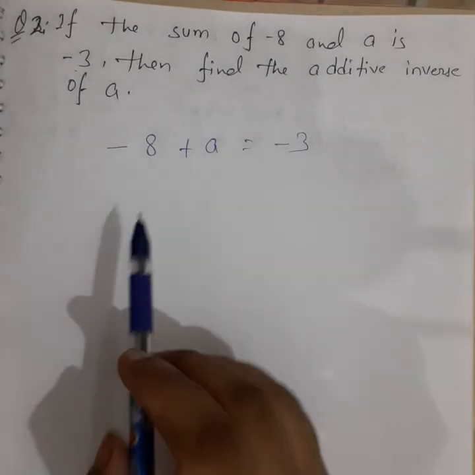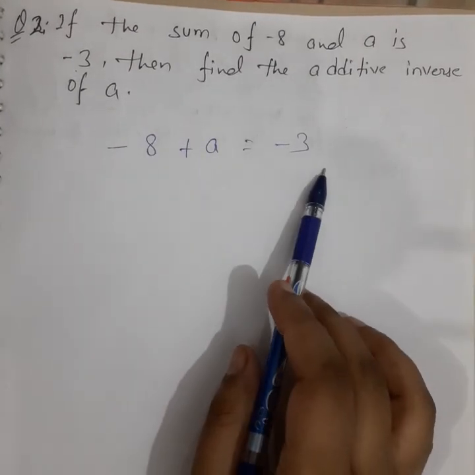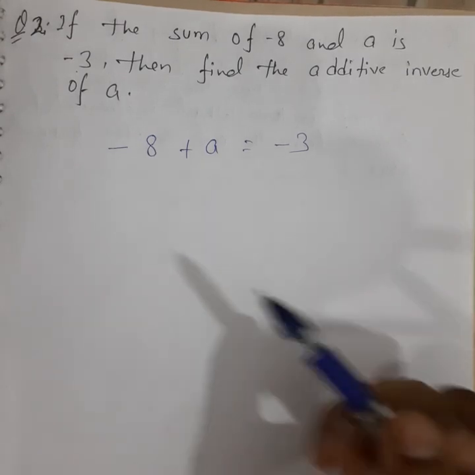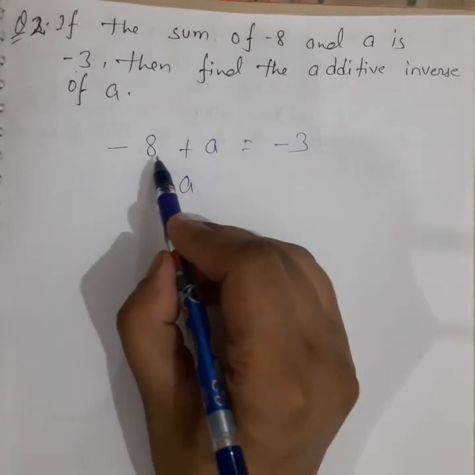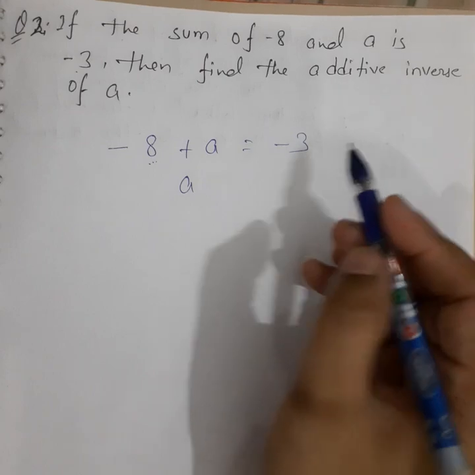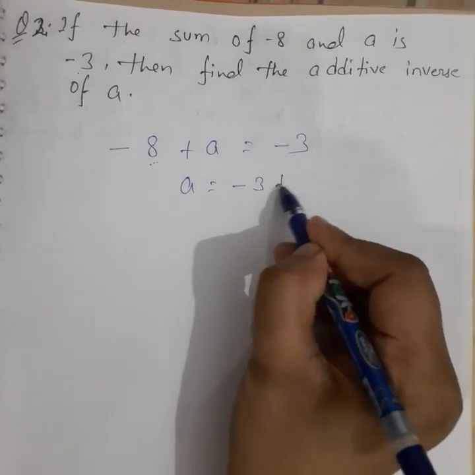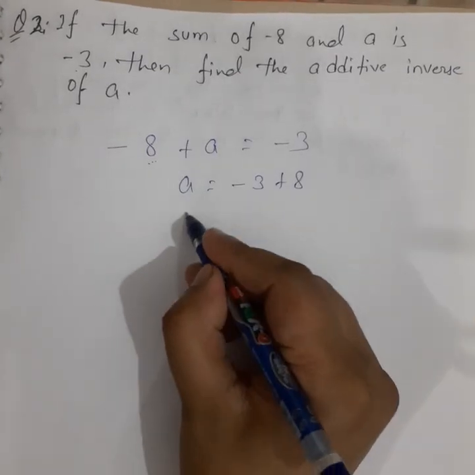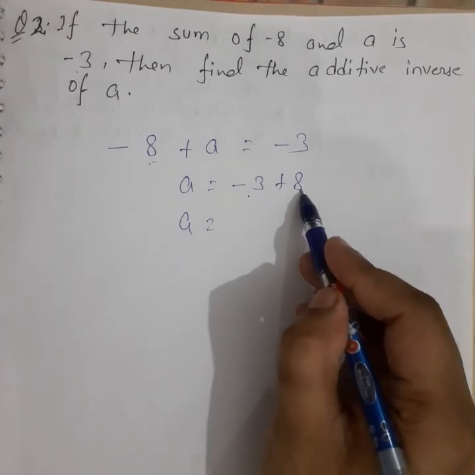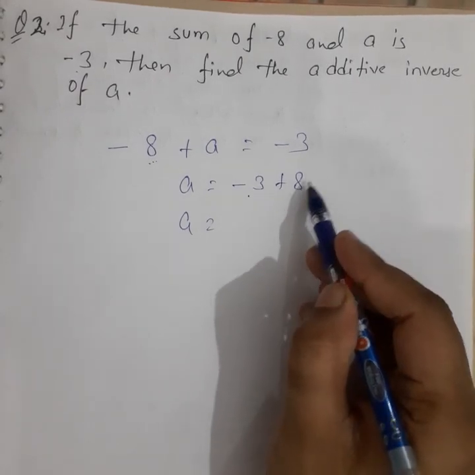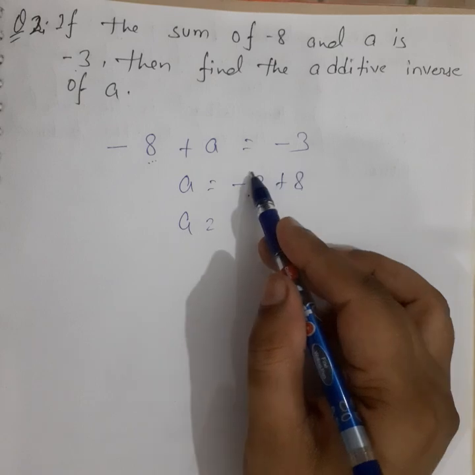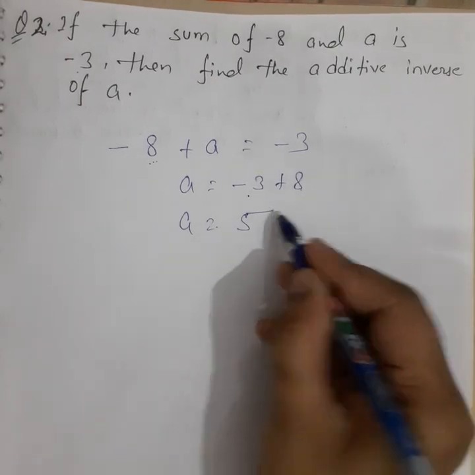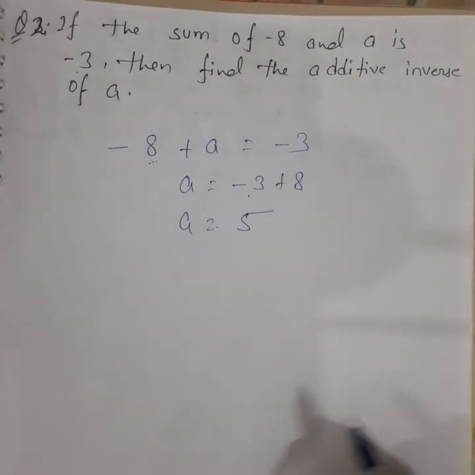Now arrange all the constants on one side and variables on the other side. So here 8 is negative. So when we change the side of 8, it becomes positive. So a is equal to minus 3 plus 8. This is the addition of unlike integers. So we get a is equal to 5. Now what we have to find out?